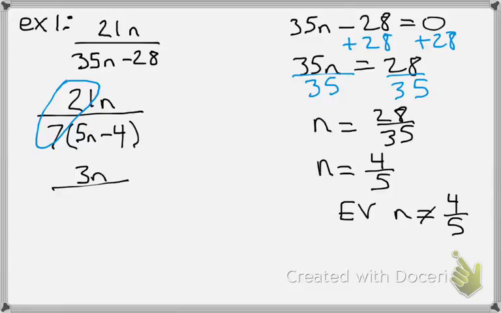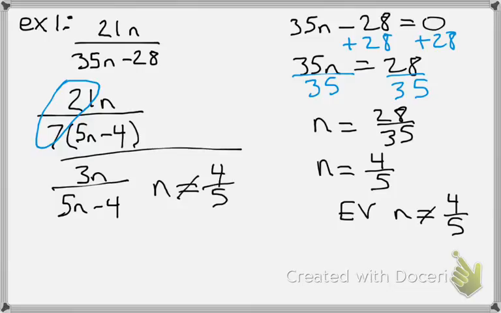And at the bottom, that 7 divided by 7 canceled out, so I ended up with a 5n minus 4. There was my simplified answer for my rational expression, and I have to include my excluded value that n cannot equal 4/5, and both of those would be my final answer to this expression.